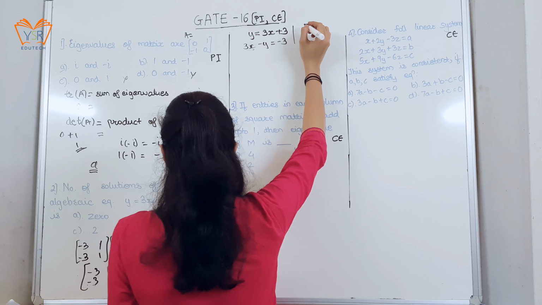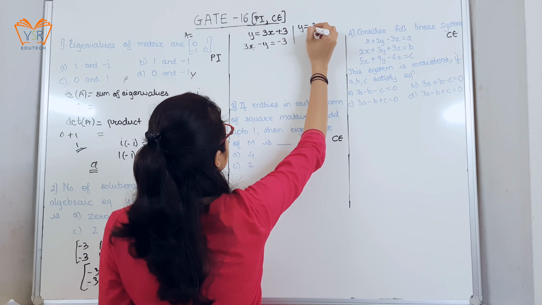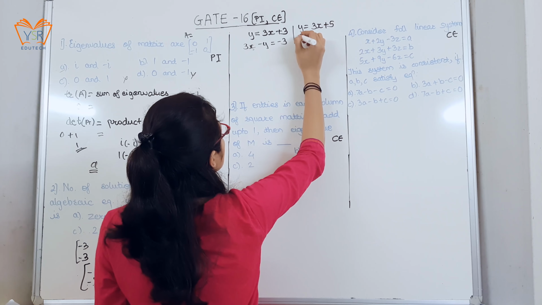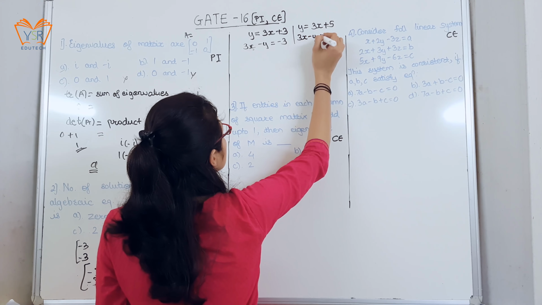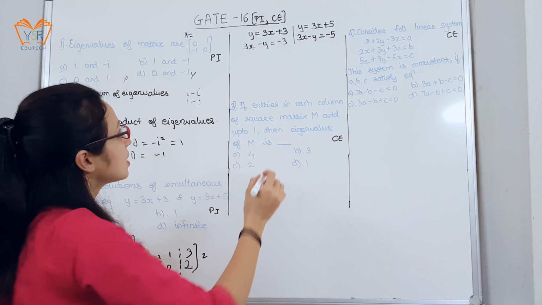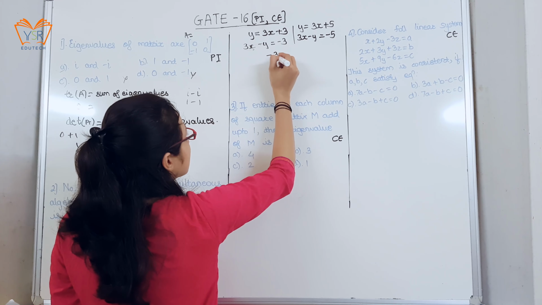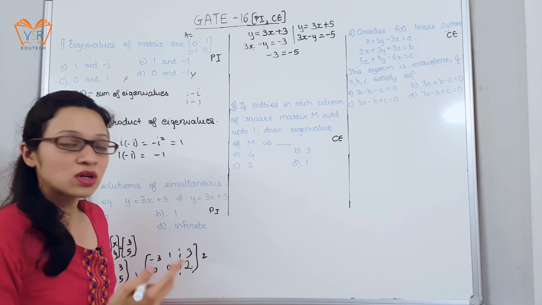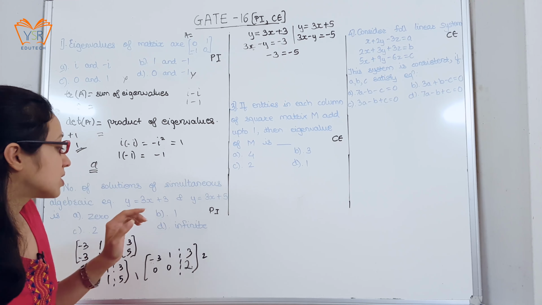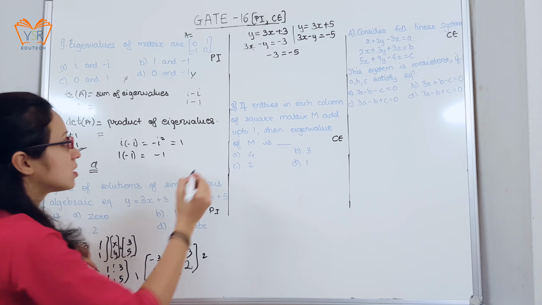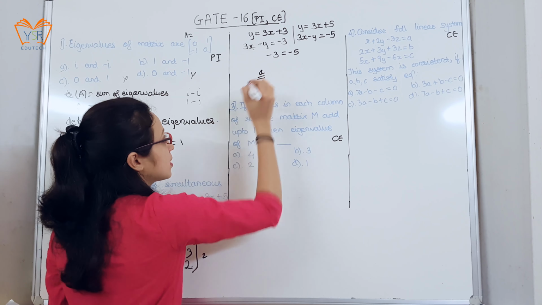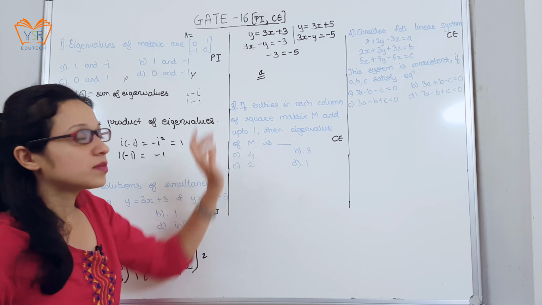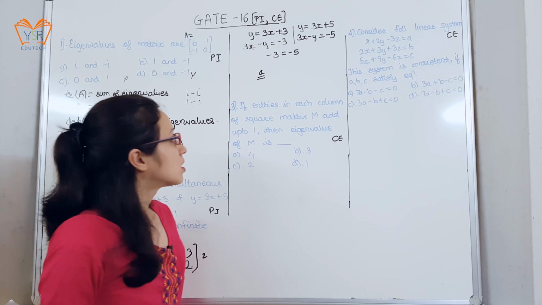The second equation, y is equal to 3x plus 5, so 3x minus y is equal to minus 5. As the LHS are equal, minus 3 is equal to minus 5, but these two values are not equal. So again we can say that no solution is possible. So the answer is 0, that is A. There are two ways to solve the equation.